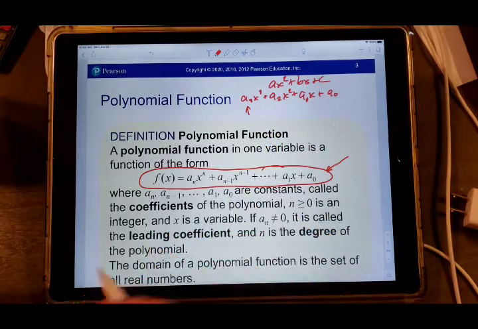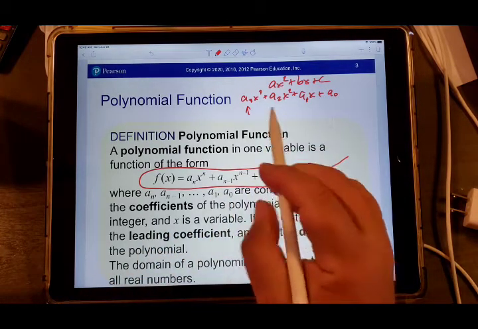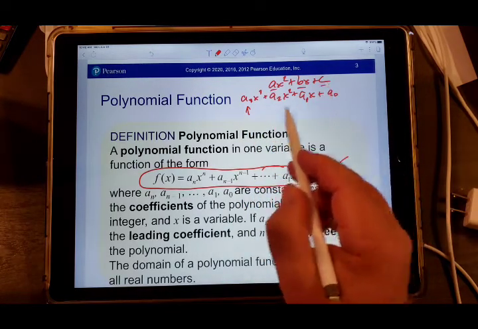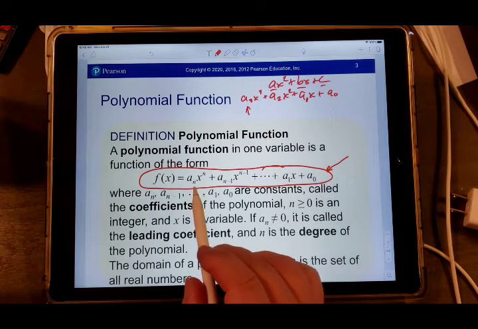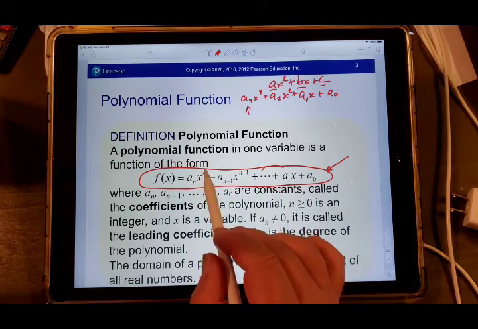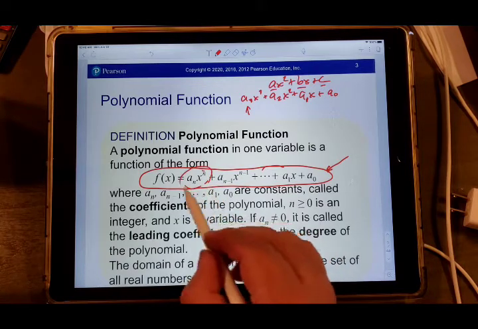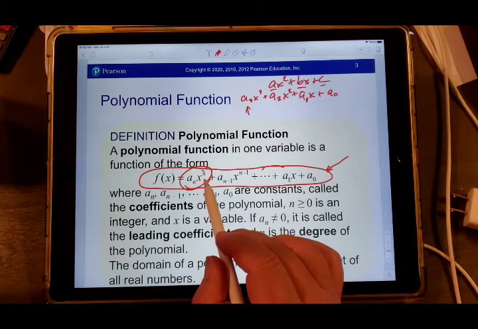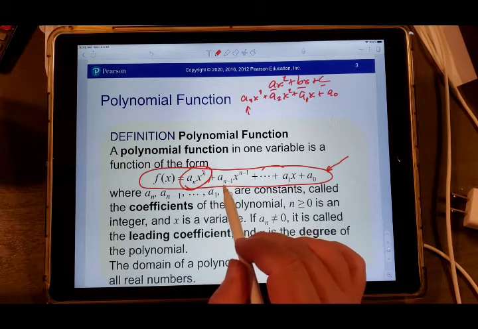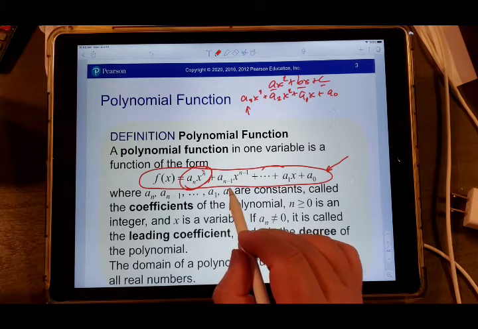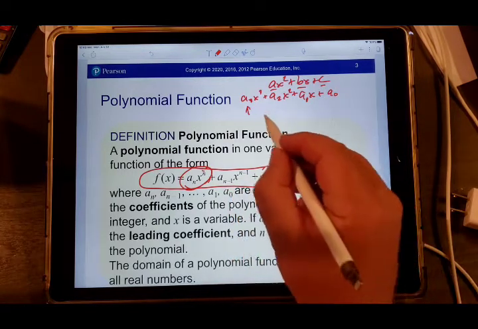It's possible you'd run out of letters of the alphabet if you went with this A, B, C strategy, but you can always use subscripts. So the first term is going to be referred to as a sub n x to the n. And the next term, this is kind of number line thinking that you really do have to understand.